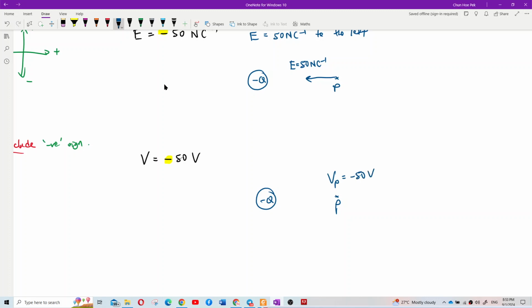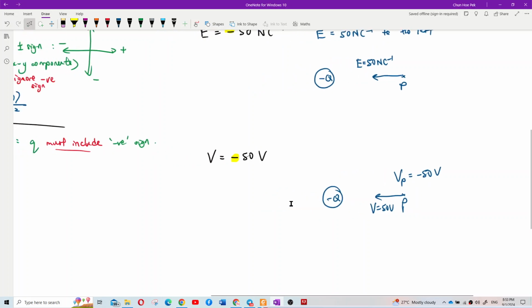Does it mean the potential over here is 50 volt to the left? The negative sign over here, does it mean 50 volt to the left?